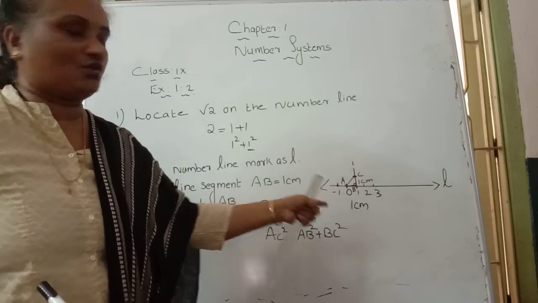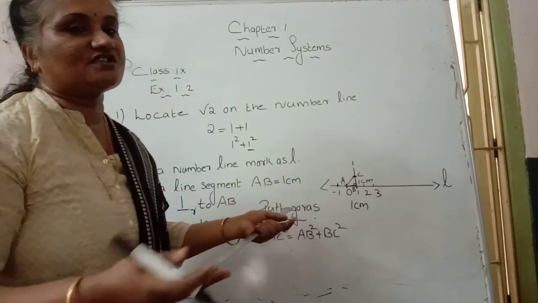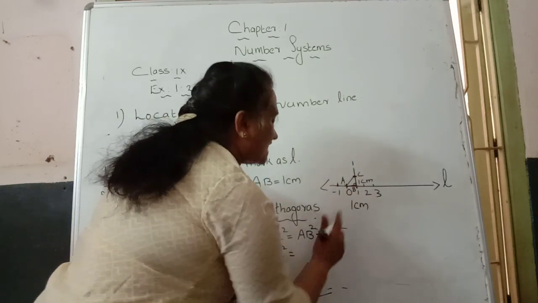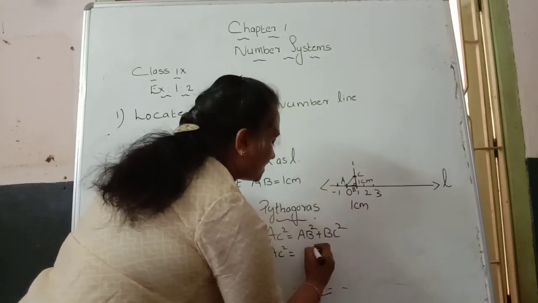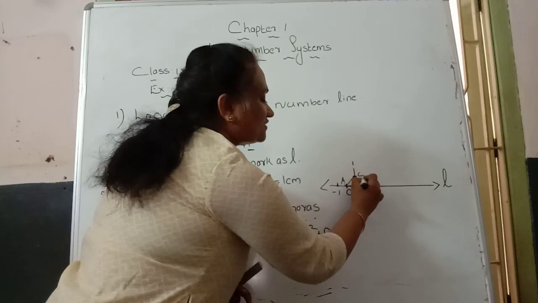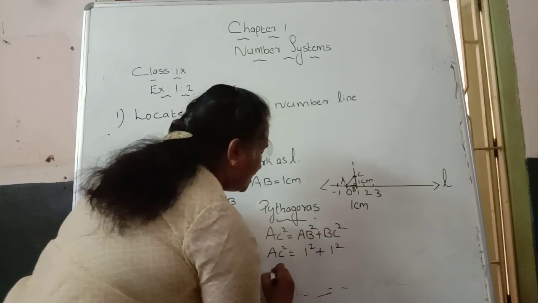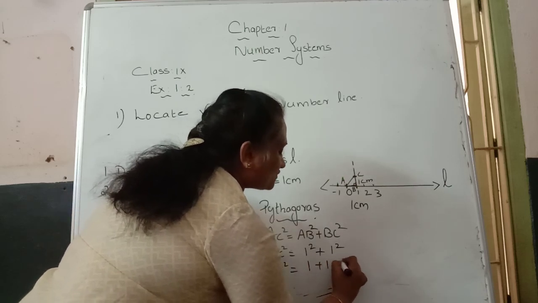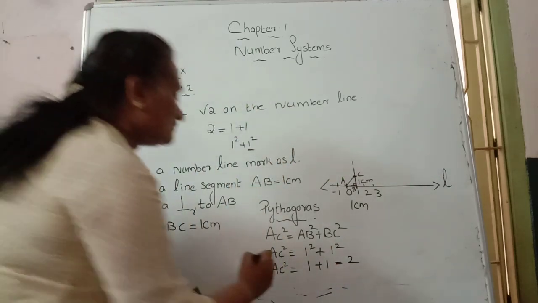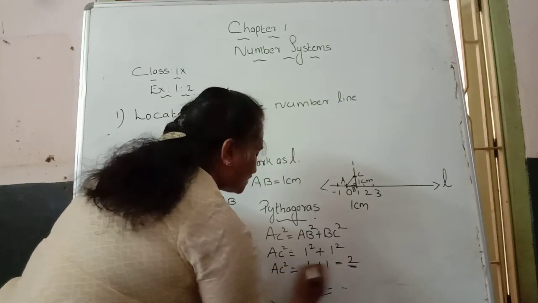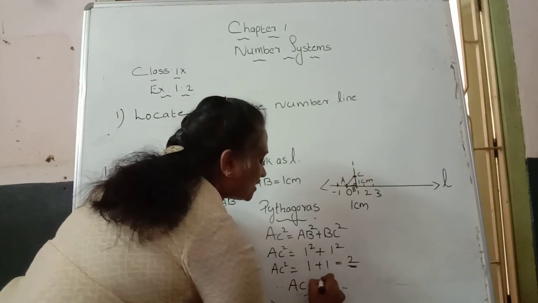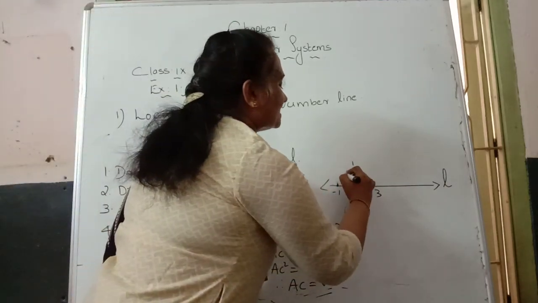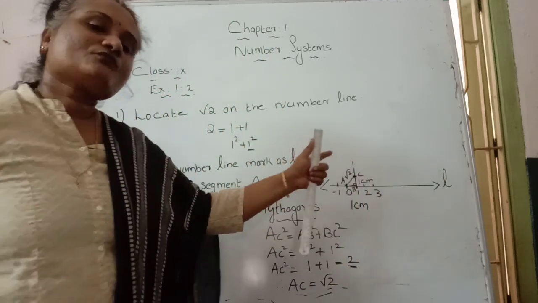AC is unknown, our aim is to find it. AB is 1, so 1 square, plus BC is also 1, so 1 square. 1 plus 1 is 2. So AC square is 2. We want the AC value, so take the square root of 2. So we can conclude that the AC side represents root 2.